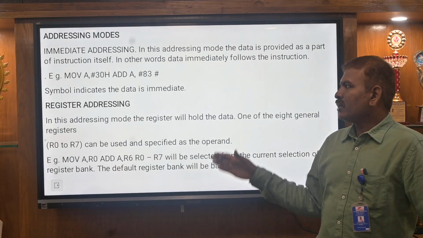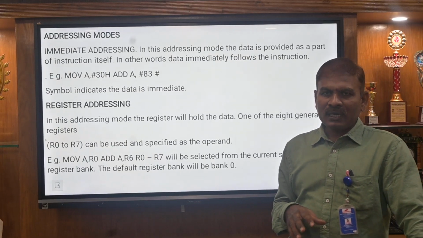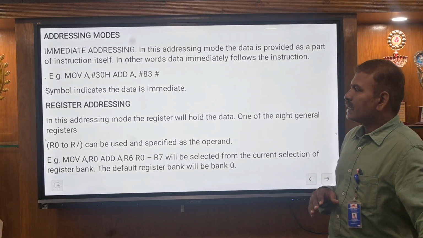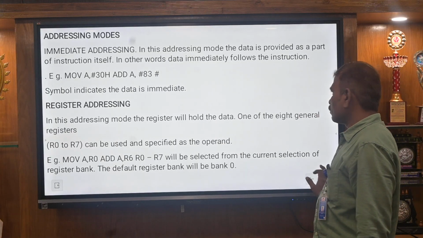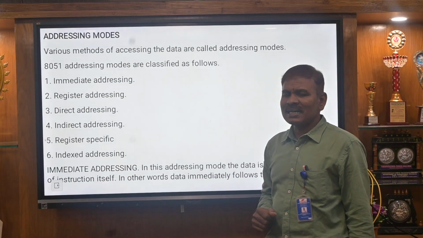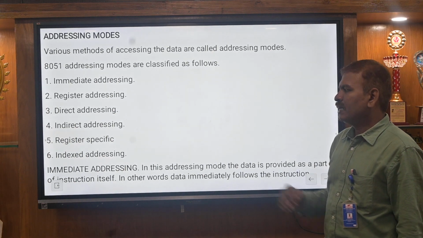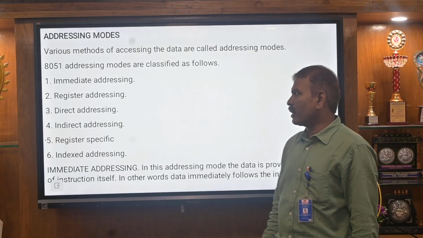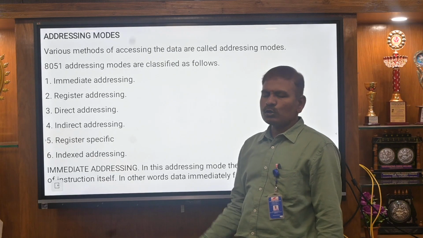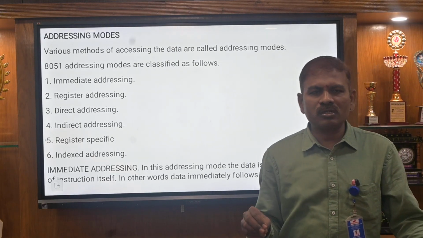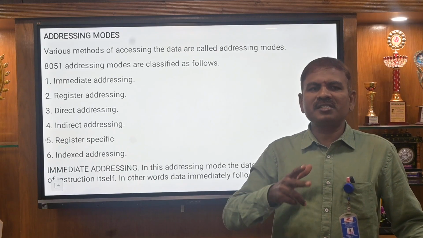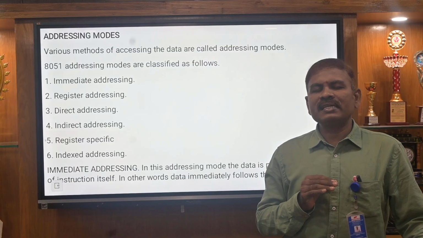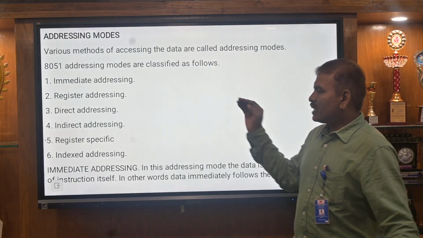We follow different types of addressing modes in both the processor as well as the controller: immediate addressing, register addressing, direct addressing, indirect addressing, register specific, and indexed addressing. These are all available in 8051. They are used to perform data transmission register to register, register to memory, or data to data. So we can transmit the data in 3 ways in the addressing mode process.